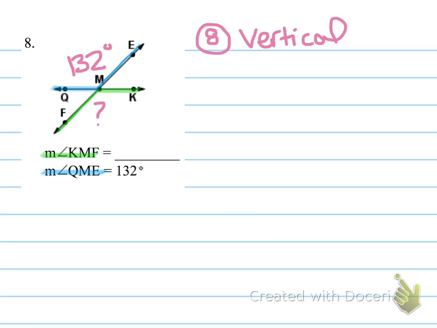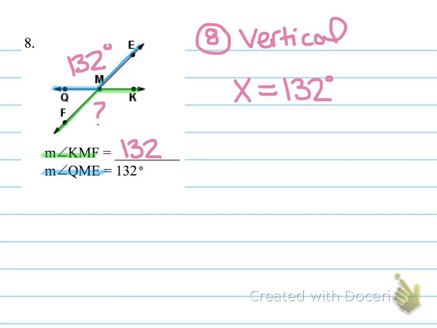And what we should have written down on our notes from yesterday is that vertical angles equal one another. So using a variable for the equal sign, I have X, it will equal 132 degrees. There is no other work, there's nothing to solve here, it's just 132 degrees. And yes, it is mandatory to show this work on your lined paper.